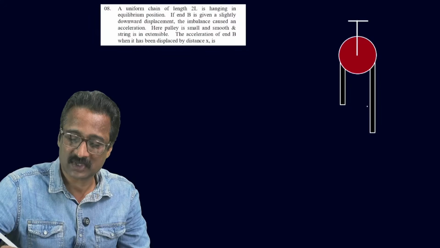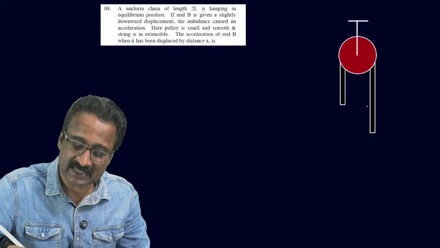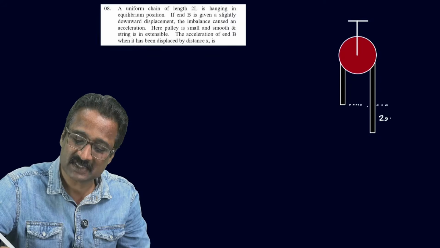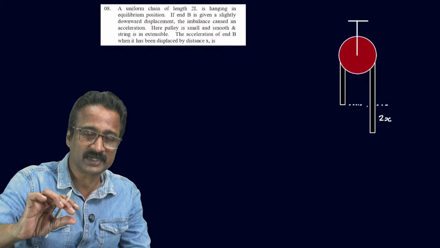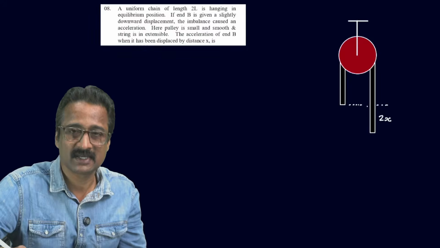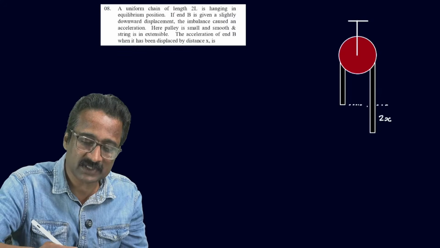Let's see what is the mass of this portion. I told you that this portion has a length. I'll just show the length of that piece, that is 2x, not x, because one end is pulled down through a distance x, so the other end rises up by the same distance x, so the distance difference between the ends will be 2x. Now let's see what's the weight of that portion.